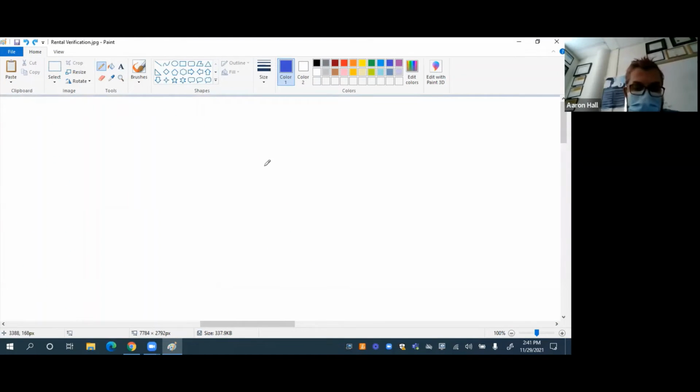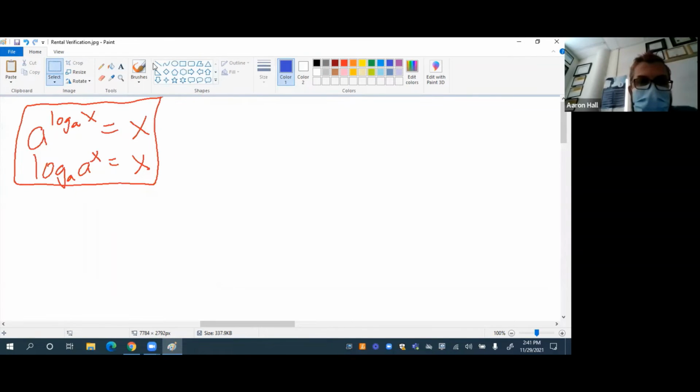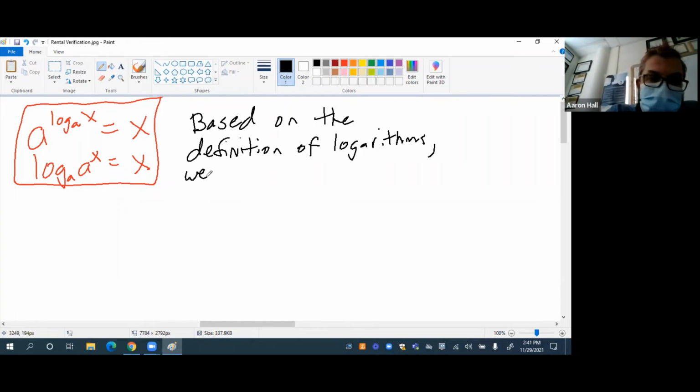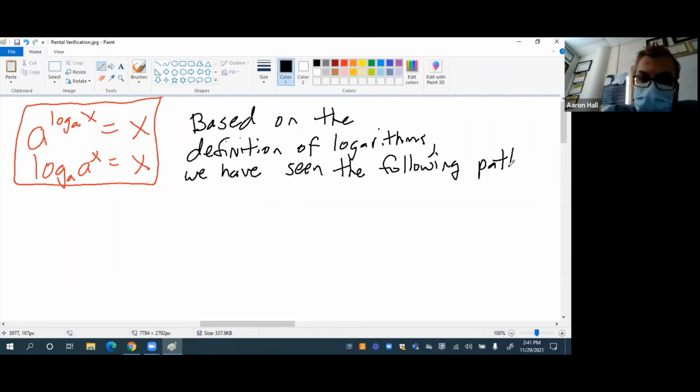Based on the definition of logarithms, we have seen the following patterns.